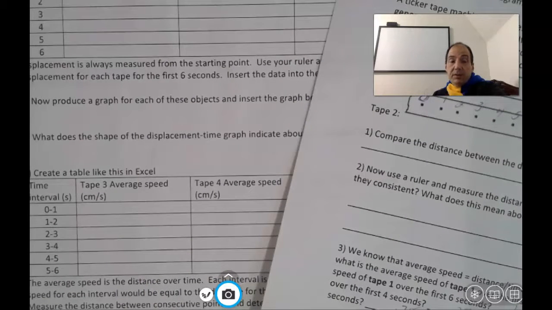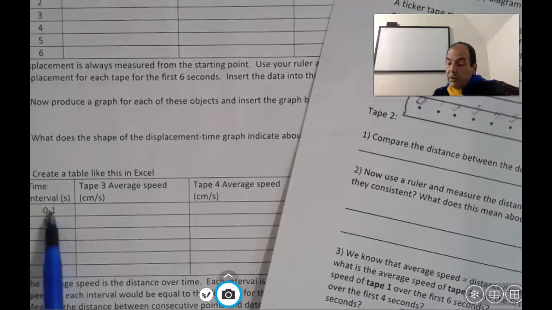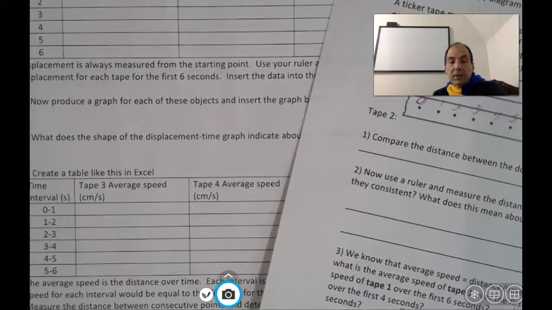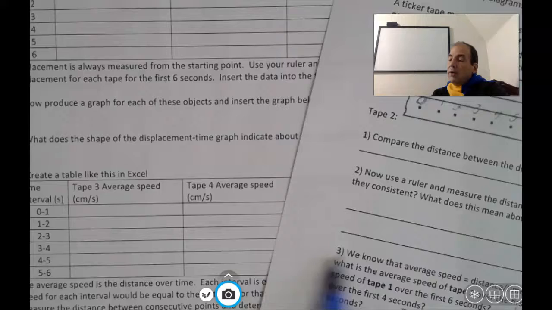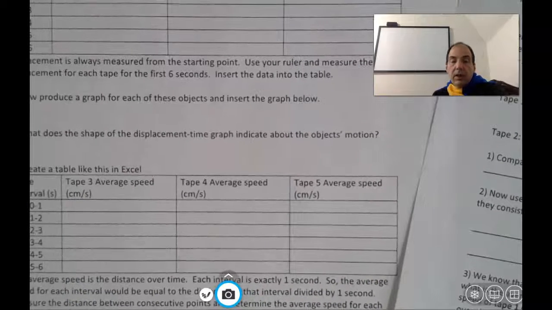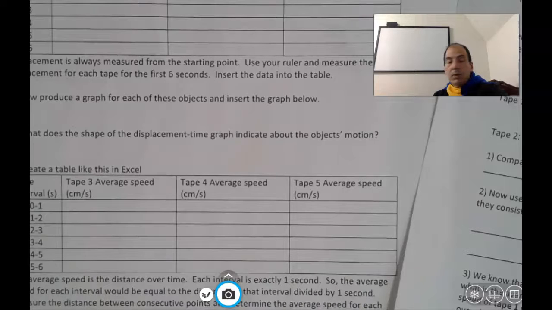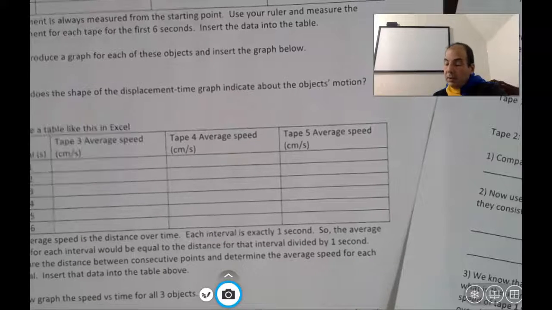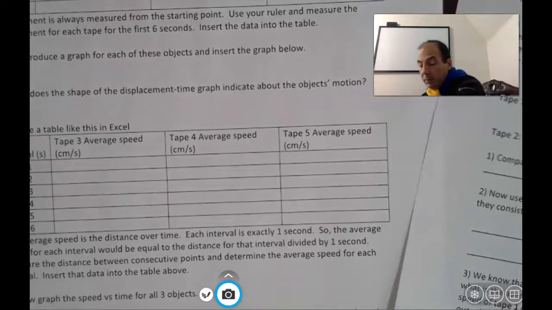Well, average speed is distance over time. Each of these times is exactly 1 second, so if I measure the distance over 1 second, I found the speed. So you're going to go back and find the speeds, fill it in, make a graph in Excel with all of them, and then answer the same essential question down at the bottom.